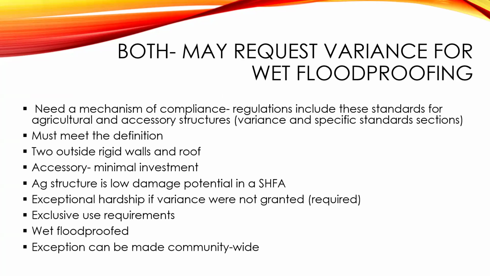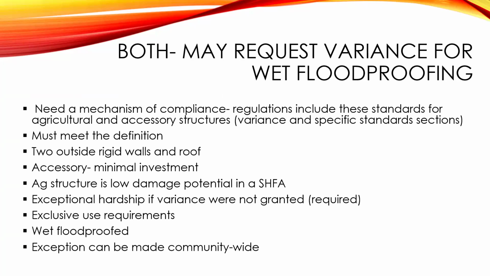So it kind of follows the same rules for any other variance, except there's kind of this inherent caveat where if it's a low damage potential ag structure in the floodplain, then that would count as an exceptional hardship. If it's a minimal investment building, then we shouldn't require it to be elevated as long as it's secured and not going to be damaged, which is why we have the flood vents. So again, that's a requirement for those.